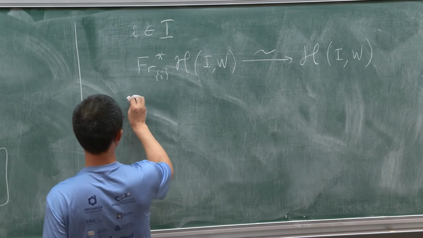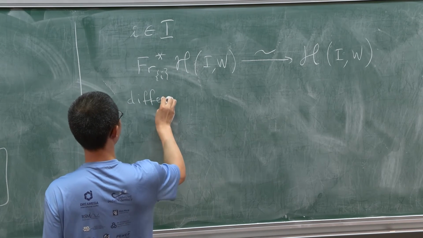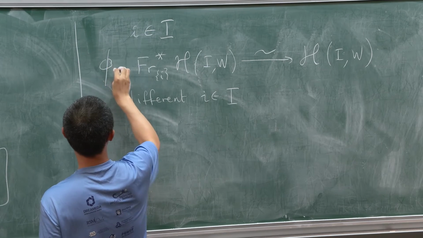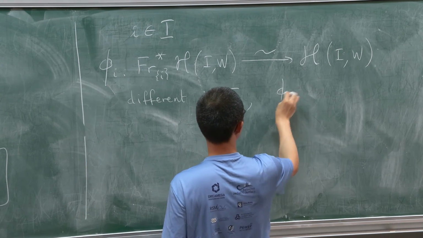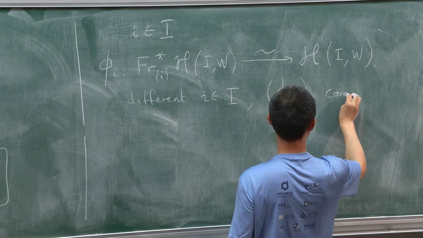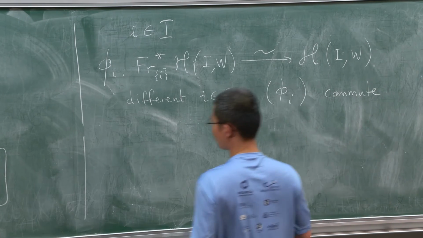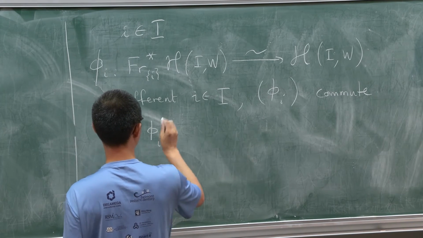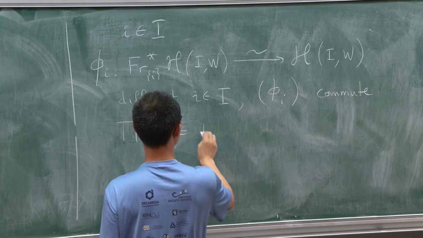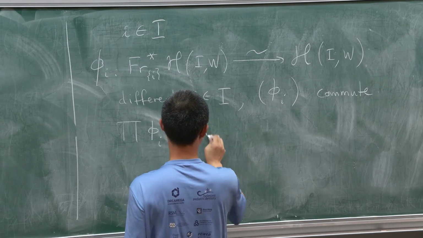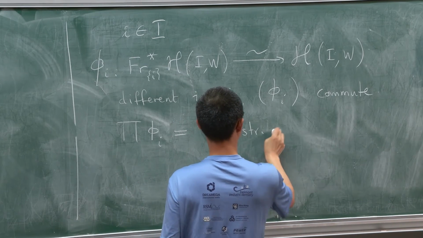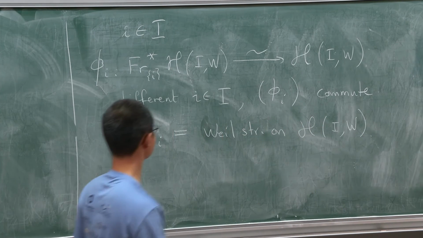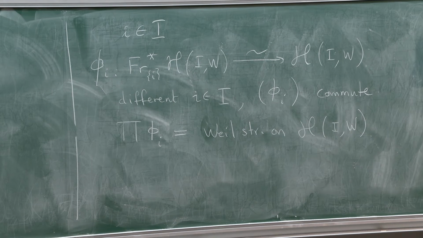And all these for different i's, these phi i's commute with each other, and their composition is the total Frobenius, the natural Weil structure on H. Okay, so that's the partial Frobenius structure.